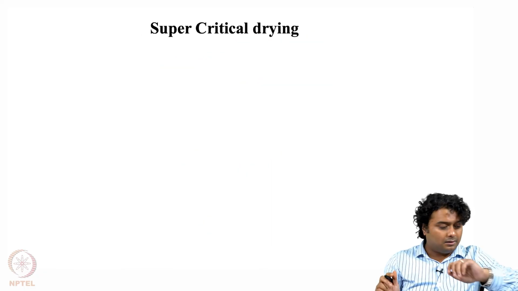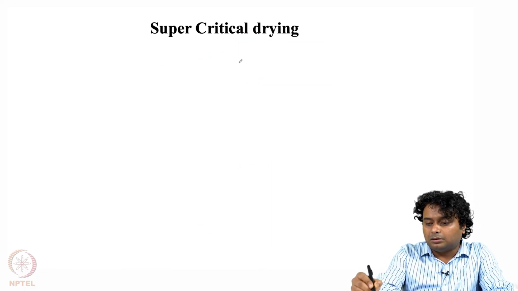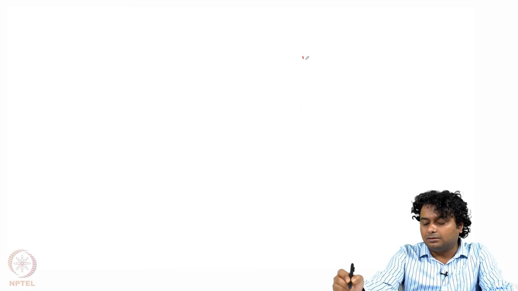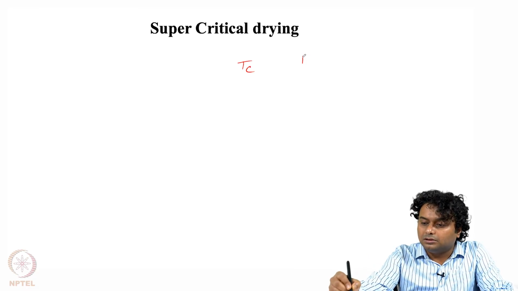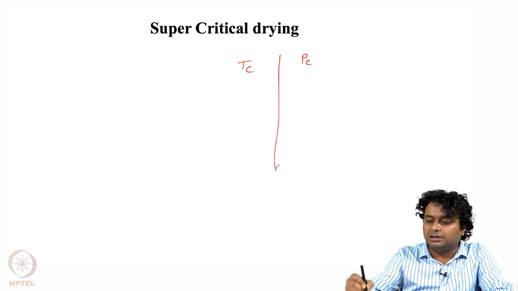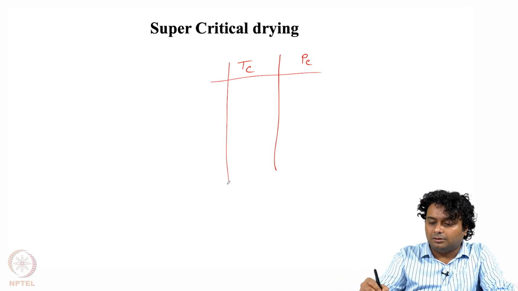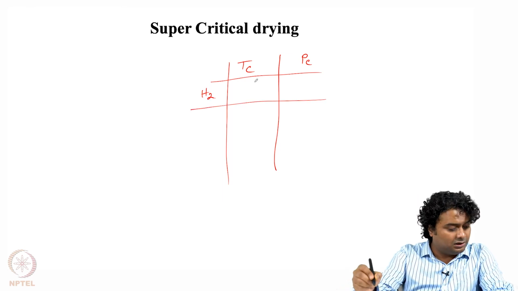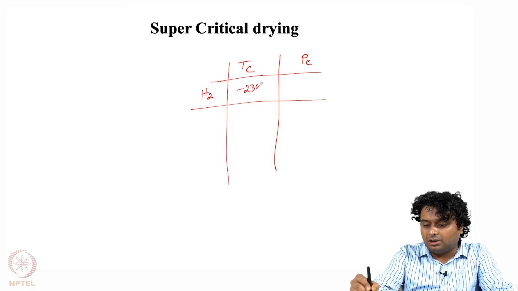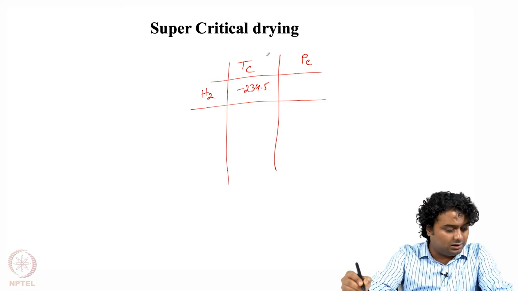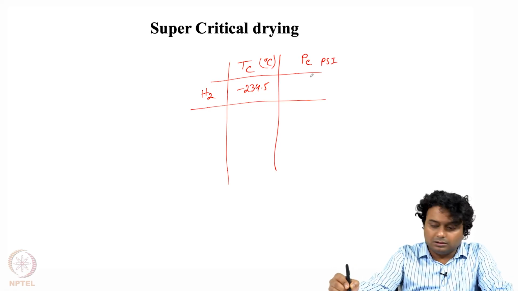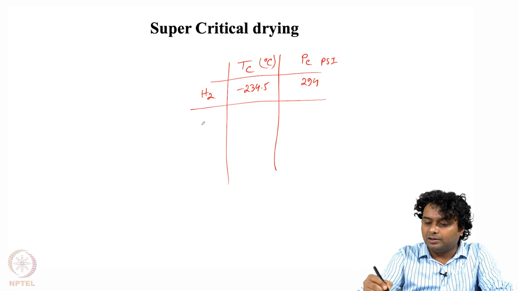Let's say this is TC and this is PC, the critical temperature and critical pressure, and let's say we take different gases. Hydrogen is about minus 234.5, this is in degree centigrade, and this is in psi, 294.